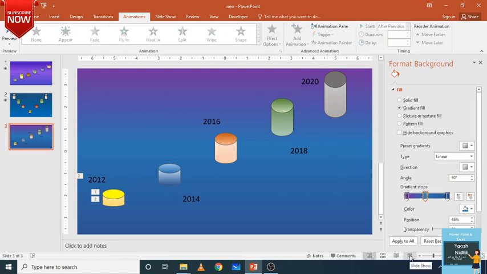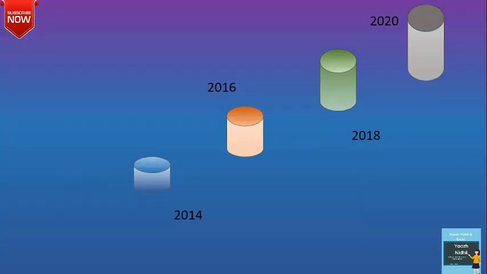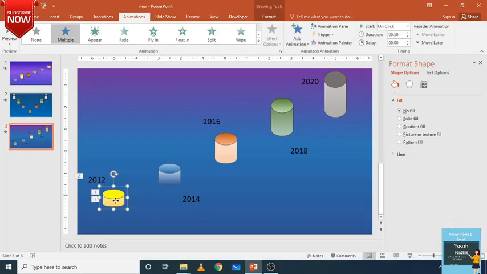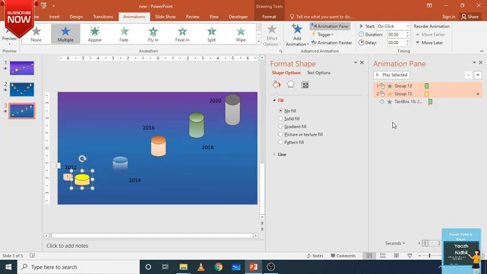Now I am going to check the preview. Now I am clicking on the slide where this element came first, and then it's glowing and this text box is coming. So you can choose the animation, and you can check it.